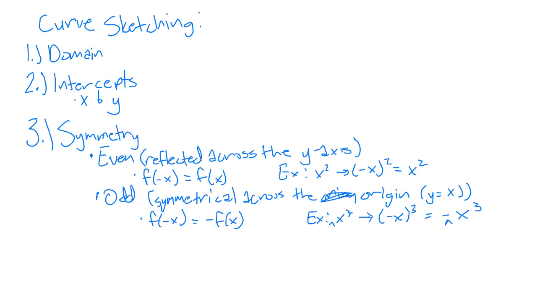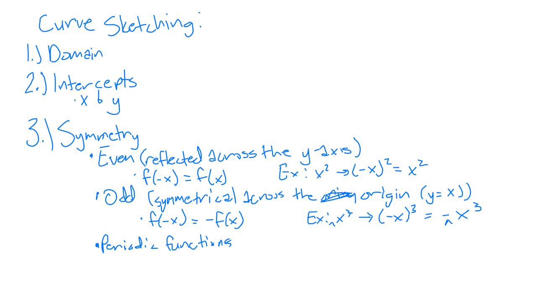And then the last thing related to symmetry is periodic functions. Periodic functions are not like normal symmetry around a rotation. Really, they can be thought of more as translations.